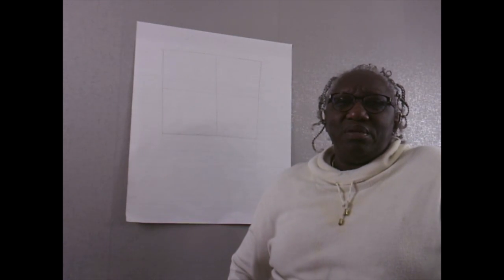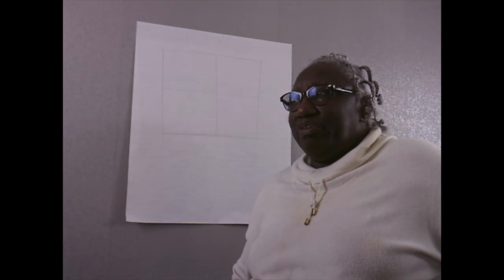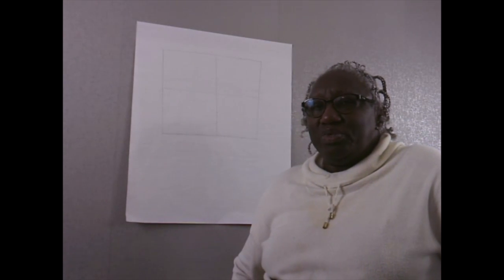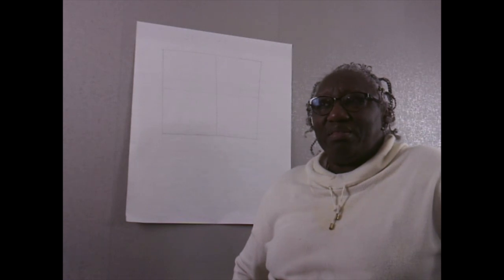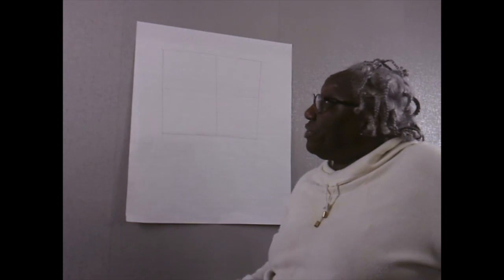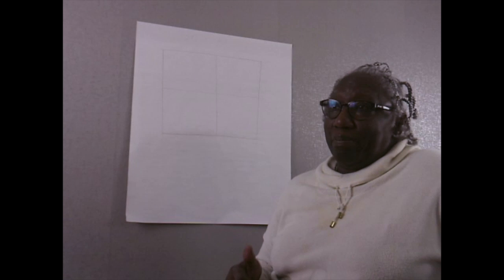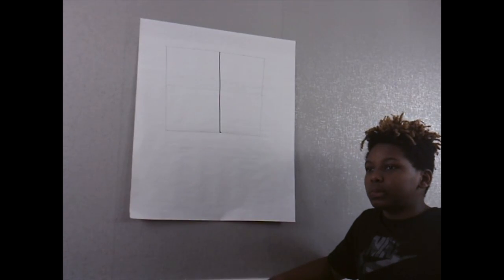So Jaden, would you come please and do a review on how we multiply whole numbers using the area model? Jaden, would you show us, please, how you would use the area model to multiply two whole numbers?